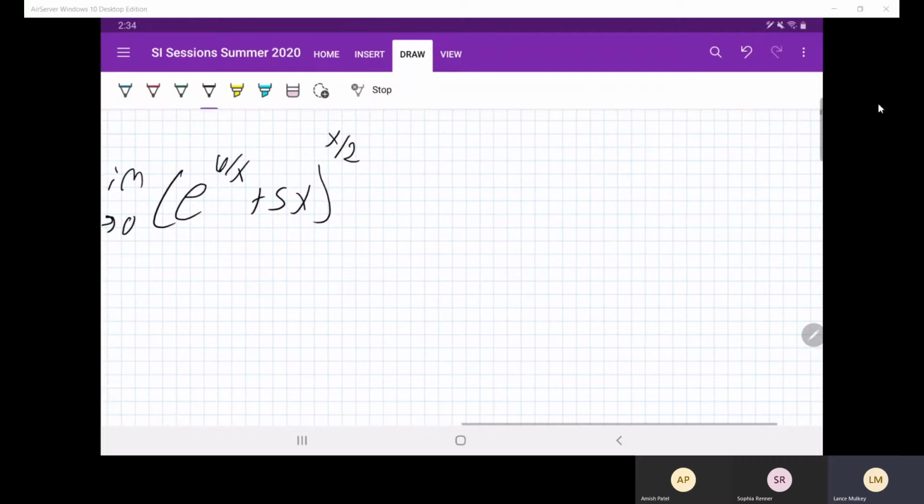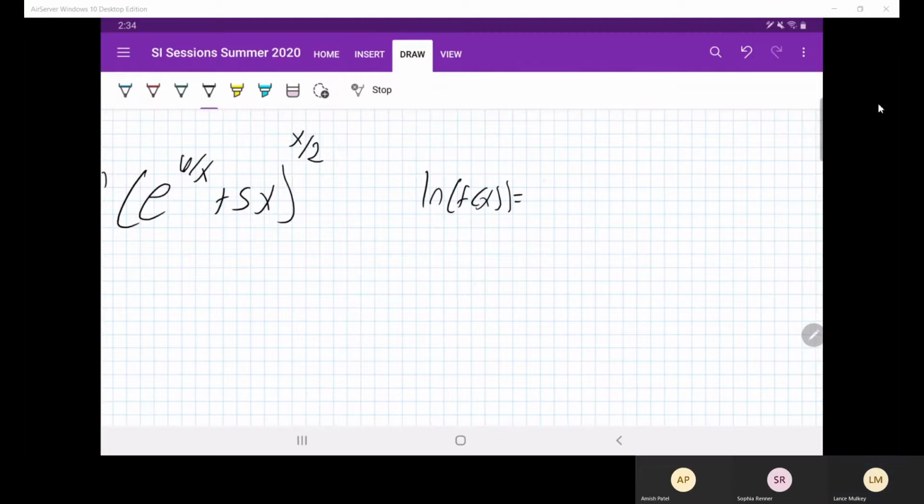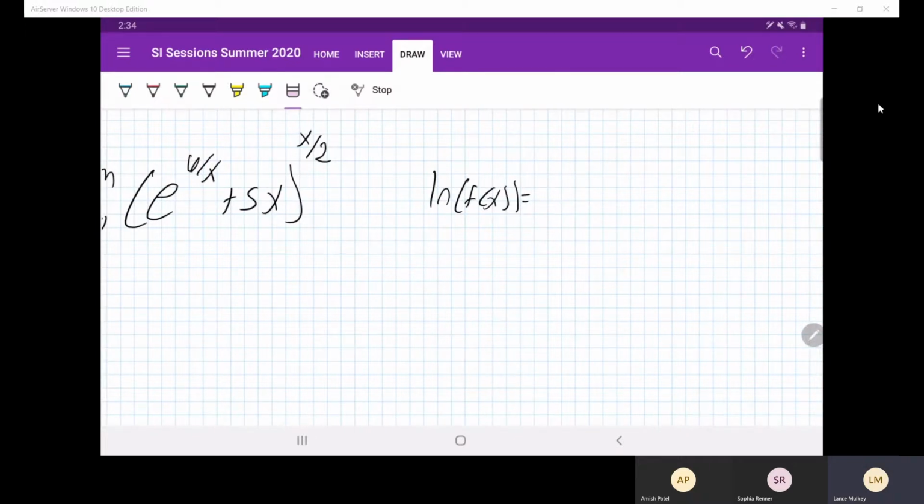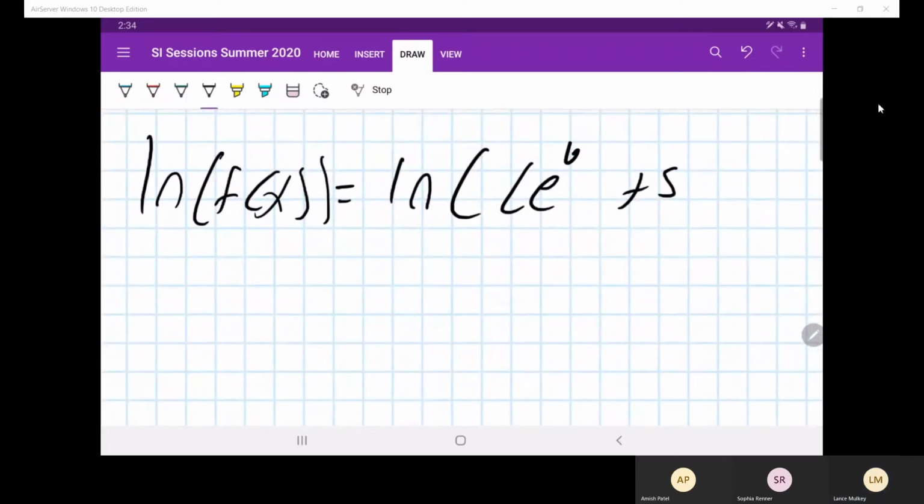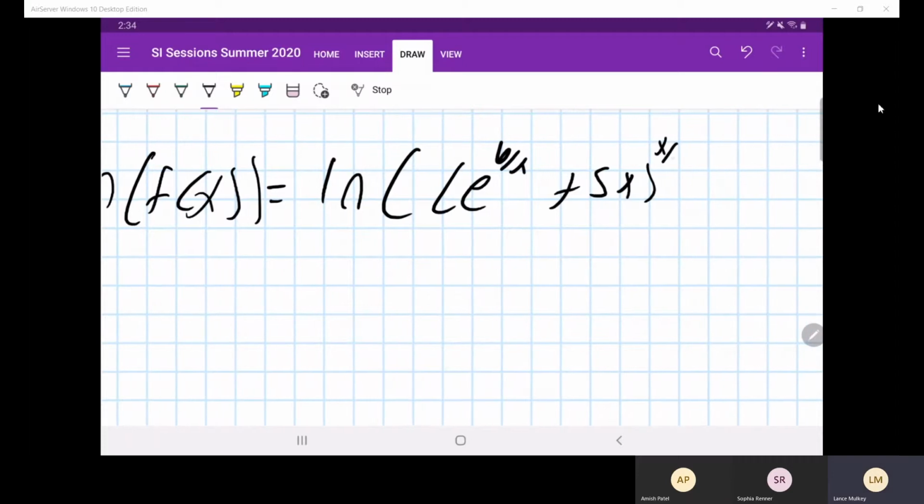So since it's indeterminate, we can take the natural log of f of x, which equals x over 2 times the natural log of e to the 6 over x plus 5x. Oh, never mind. I won't skip a step.